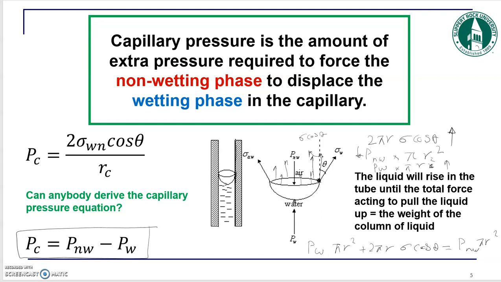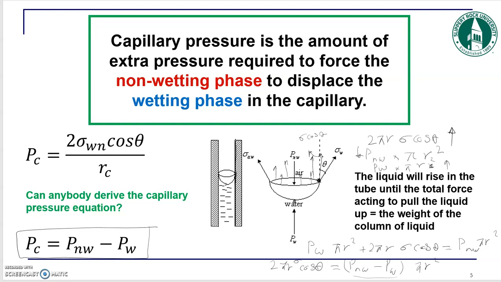And if we take the P of the wetting phase to the other side, we get 2 pi r sigma cosine theta, and that sigma is between water and the surface, sorry, between water and air. And this is equal to P non-wetting minus P wetting multiplied by pi r squared. Just factor out pi r squared.